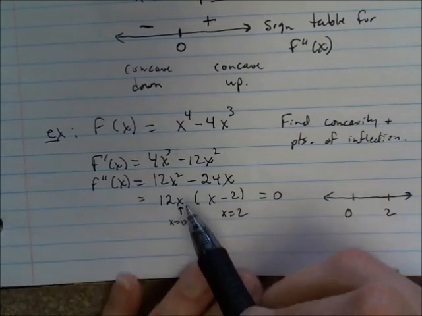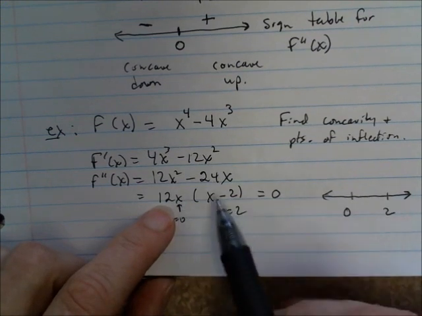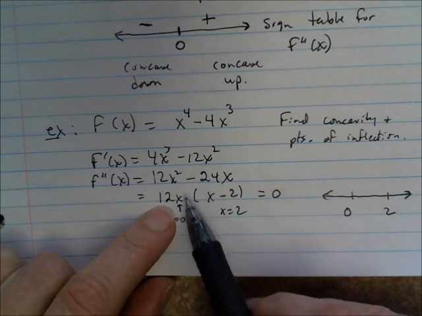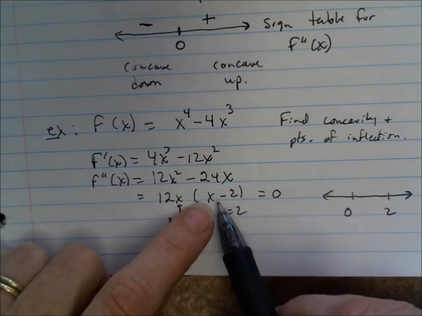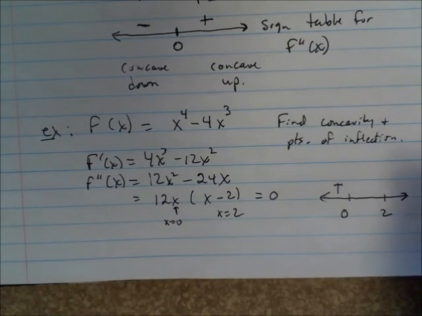And then we're going to plug into the second derivative any number that's less than 0, any negative number. So we have a negative times another negative, which will give us a positive value. So we have a concave up portion here.